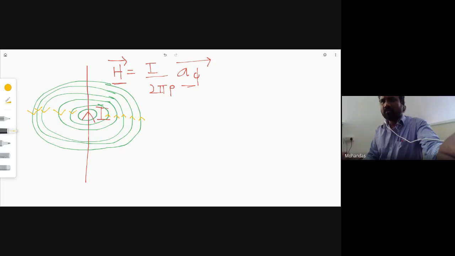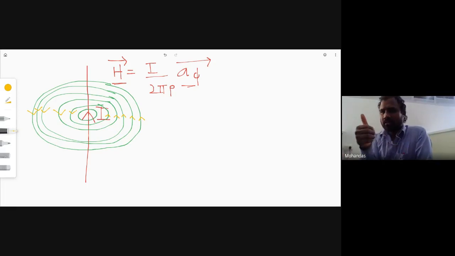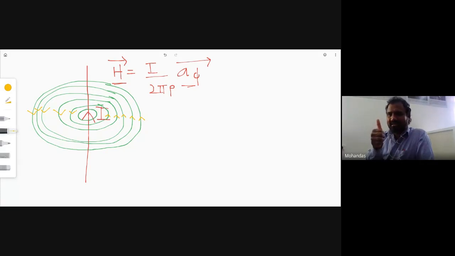See here, if you keep thumb like this, in case of a straight conductor, the thumb points in the direction of whom? Current.